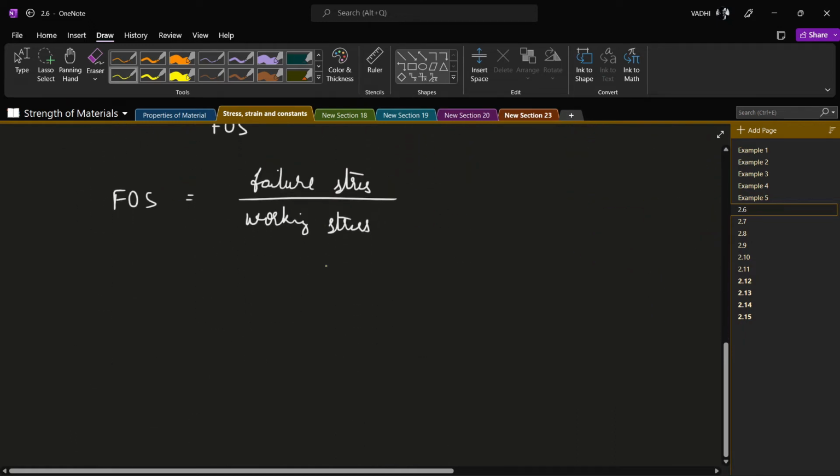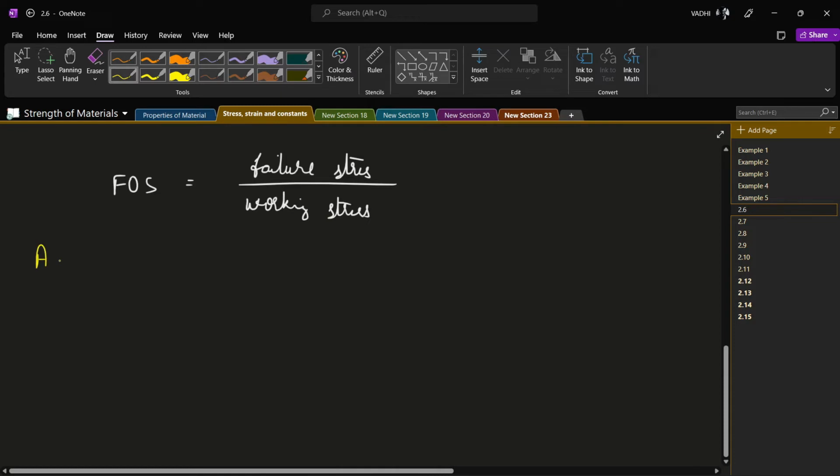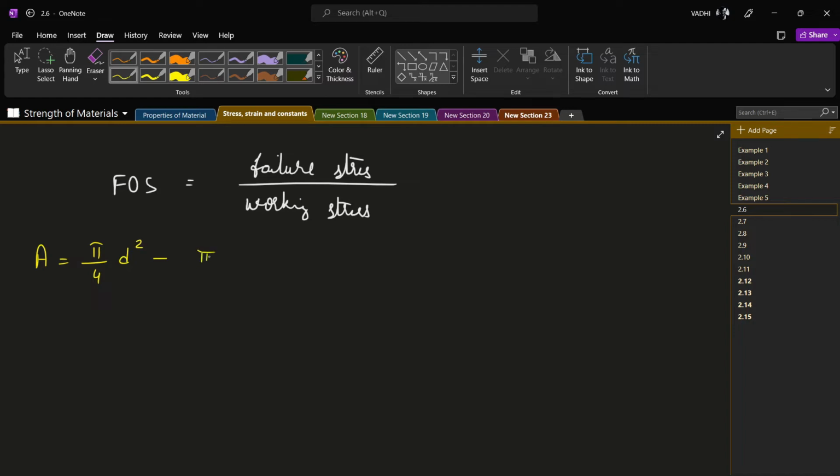I'll just go down and I'll solve here. Cross-sectional area is equal to the outer circle area, so pi by 4 into d square, minus pi by 4 into the diameter of the inner circle squared. Inner circle diameter is d minus 2t, right, whole square. So t is nothing but thickness of the column. Right, so here if I simplify this, I'm going to get pi by 4, I'll take it as common, d square minus, and simplifying, d square minus 4dt plus 4t square.